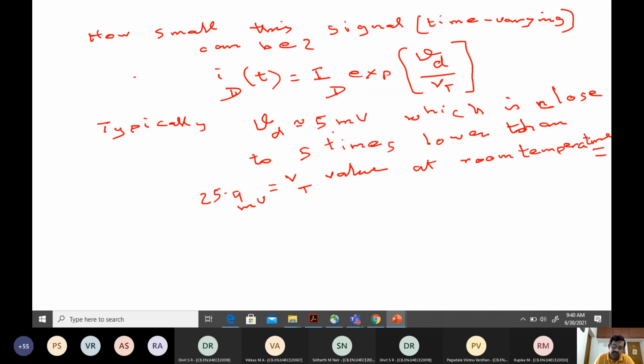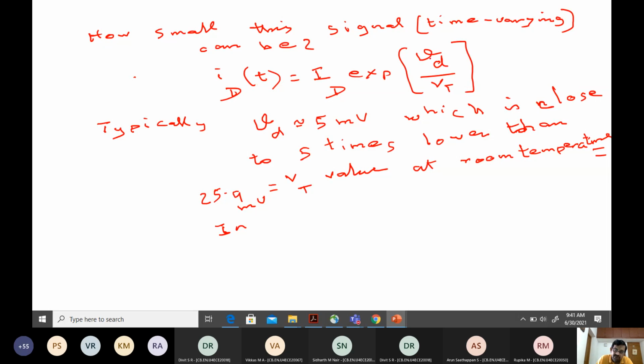As long as you are able to operate in this regime, we consider the signal to be small. If v_d becomes comparable to the thermal voltage at that temperature, or say for example 15 millivolt, we will do more problems in subsequent classes, then we will see that it is not going to be small signal anymore, because this term will start to dominate and there will be variation.